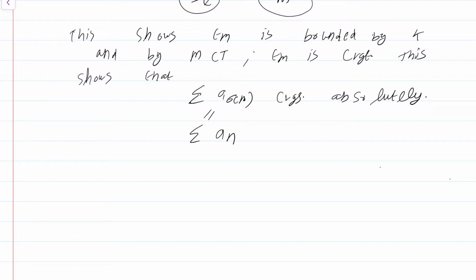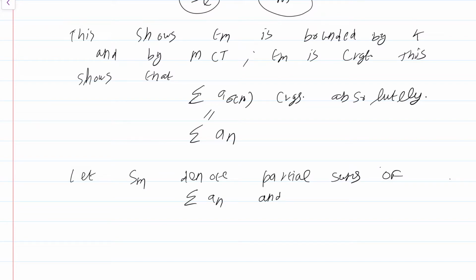Now we reuse notation and let Sm denote partial sums of summation an and Tm that of summation A sigma n.